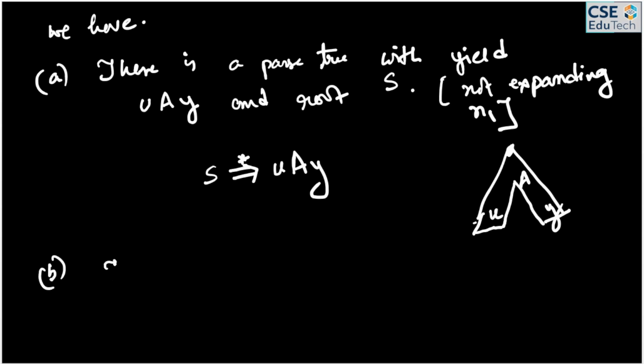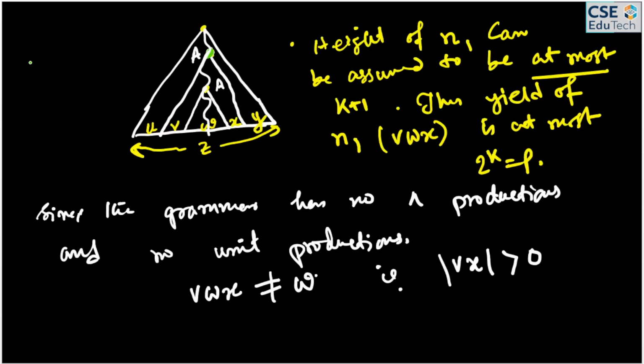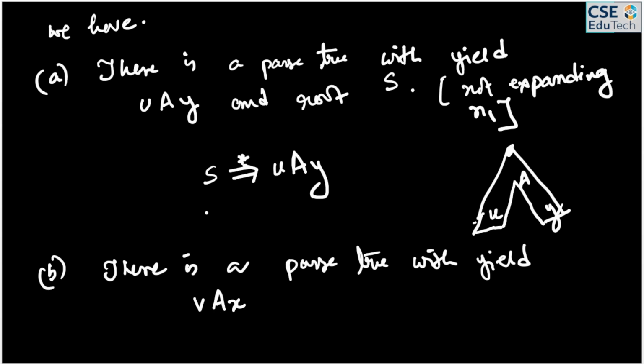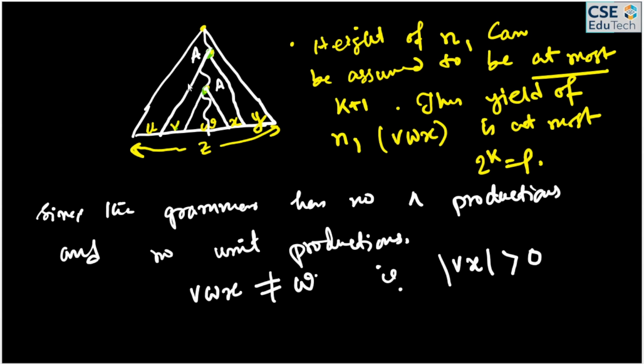There is also a parse tree with yield vAx and root A, that is n1, not expanding n2.